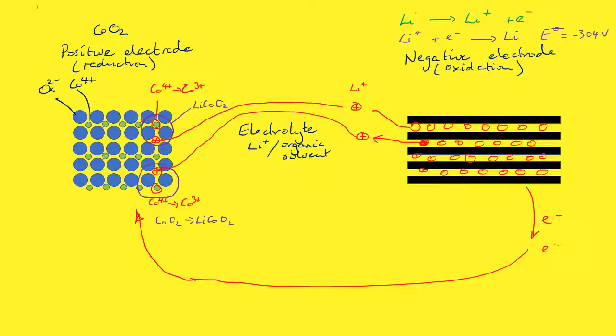And so that lithium ion turned up, didn't it? It's a lithium ion, and it's reacted with the cobalt dioxide, and we got a reduction reaction where we got lithium cobalt dioxide.